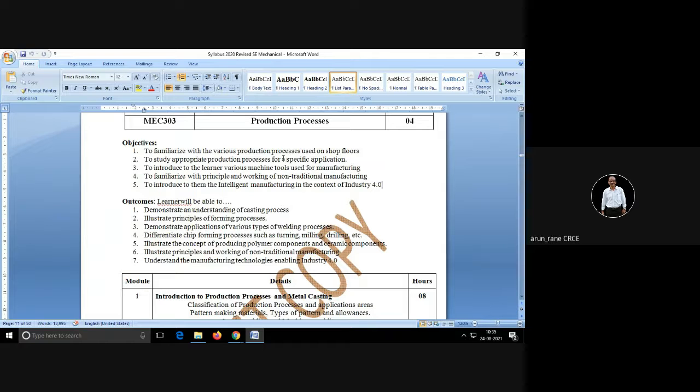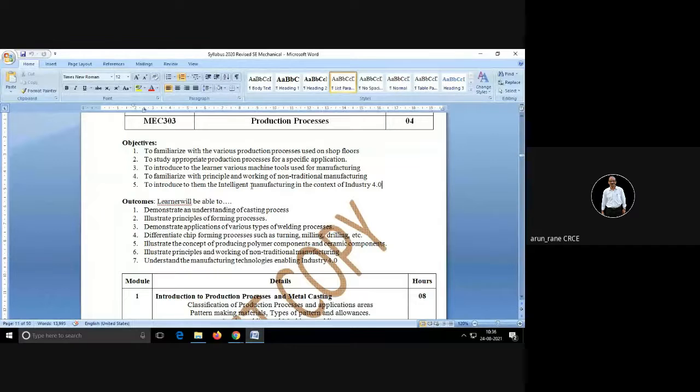The third objective is to learn the various machine tools which will be used for manufacturing. Machine tools means machines like lathe machines, milling machines. Unfortunately, it is online teaching. You have not done practicals offline, but you must be knowing a little bit about lathes, milling, grindings.